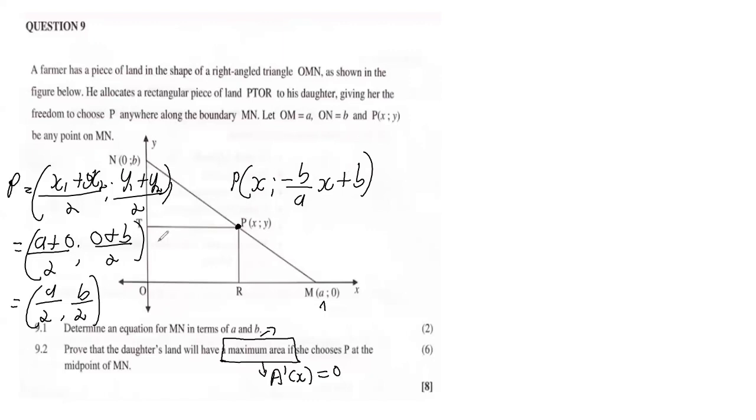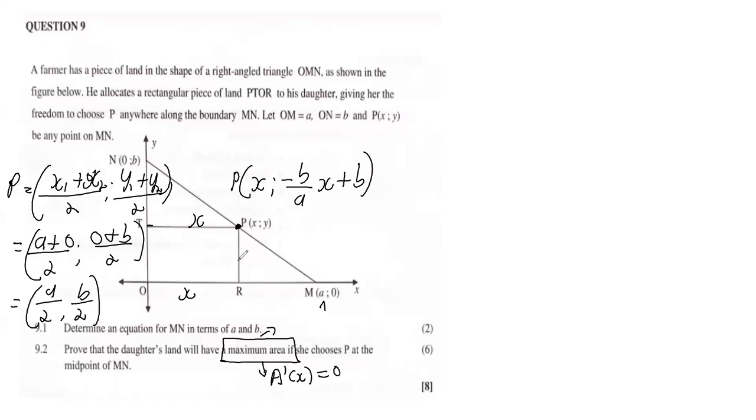But then what does that mean in respect to the area, or in respect to the rectangle PTOR? This means that the length here is x, because remember the coordinate x here is representing the distance from the origin all the way to point P, right? So this is x and that is x, like that.